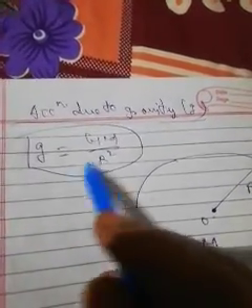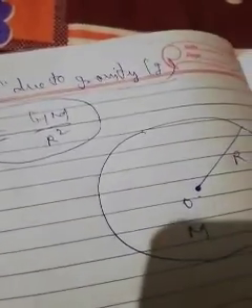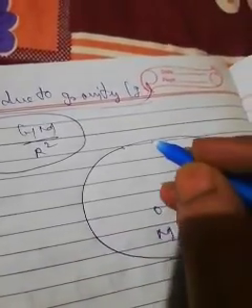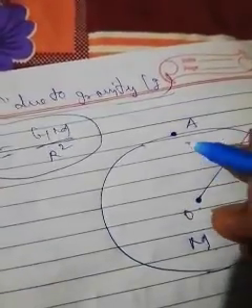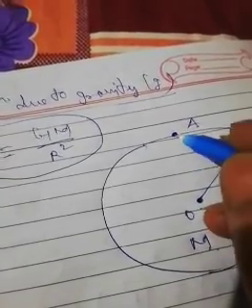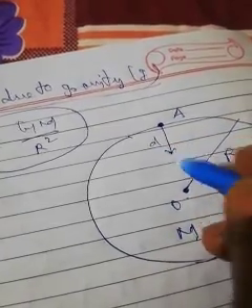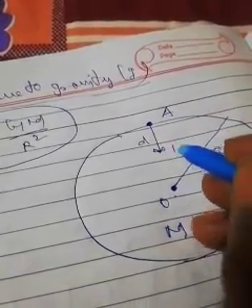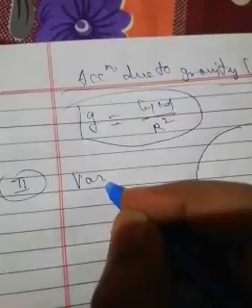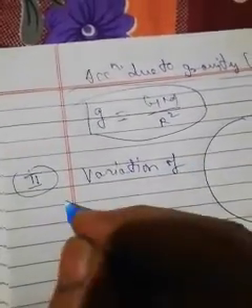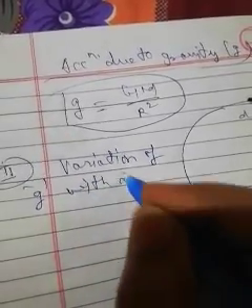If you put the values here, we can calculate the value of g. That approximately comes on the surface of the Earth 9.8 meter per second square. Let point A be on the surface of Earth. But when we come deeper, maybe at depth d from the surface, at this point B, what will happen to the acceleration due to gravity? That we can study. Variation of g with depth.